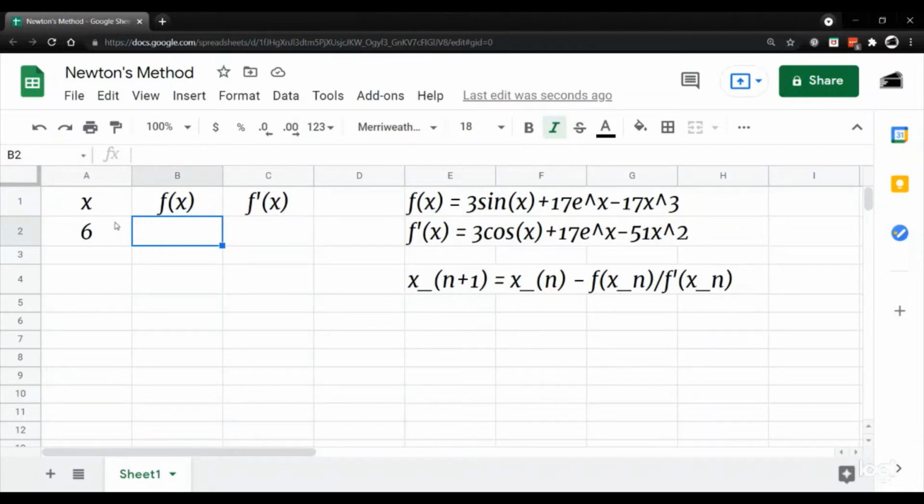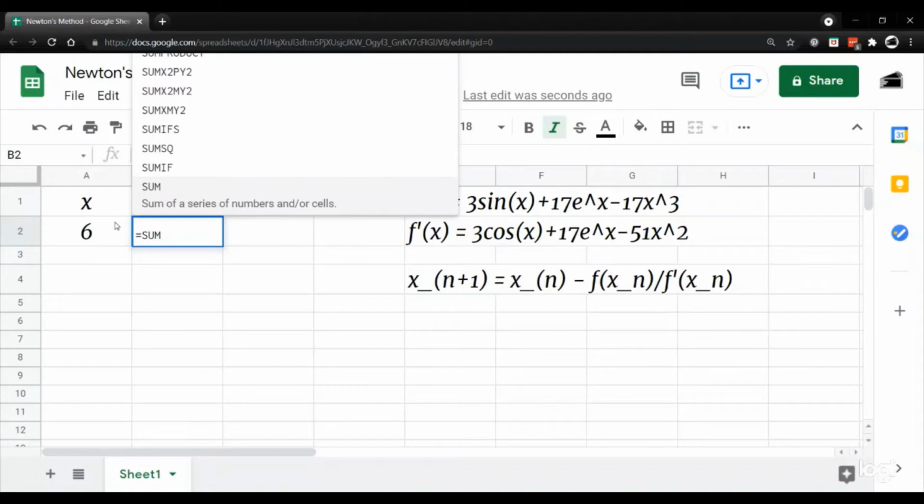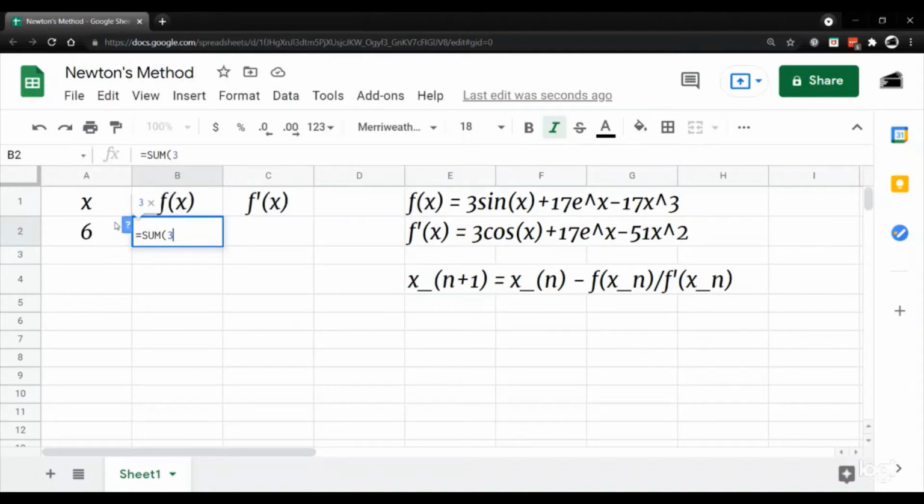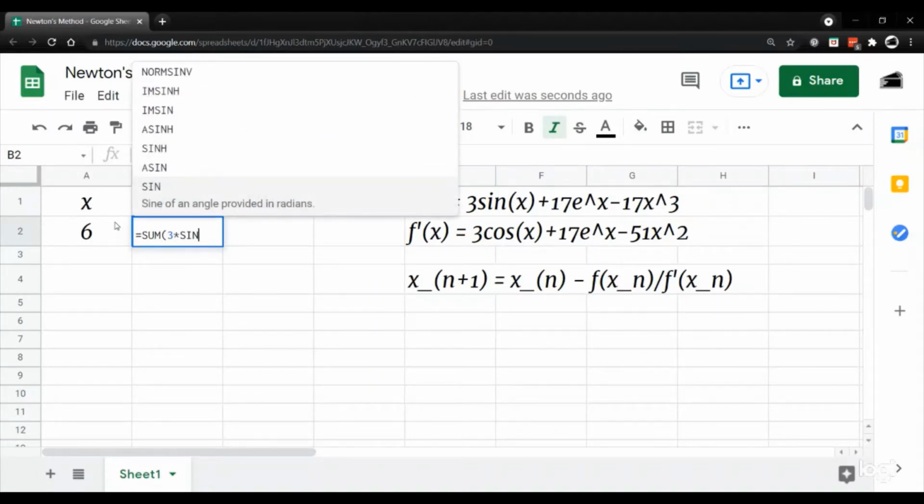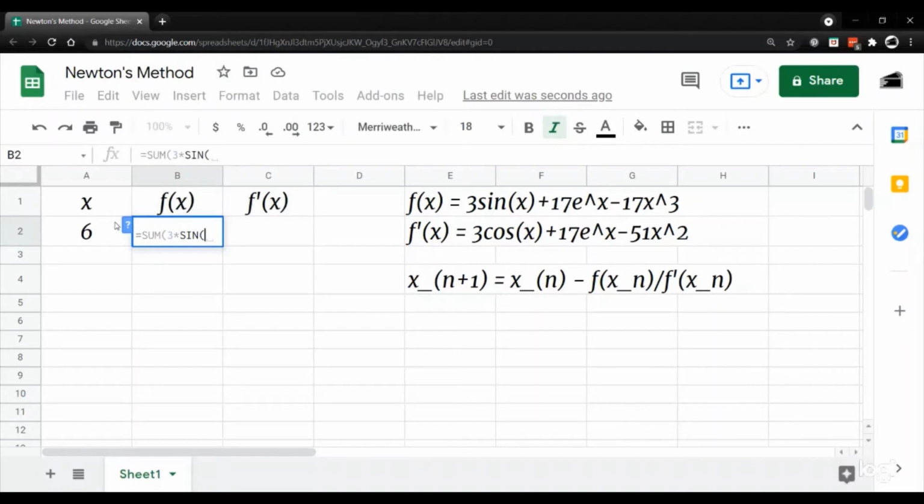Now, we don't have to do this by hand. Excel and Google spreadsheets both have the ability to have functions inside. So we're going to start by saying equals, the sum of, 3 times sine of, and where it says x, we are going to click to the right.